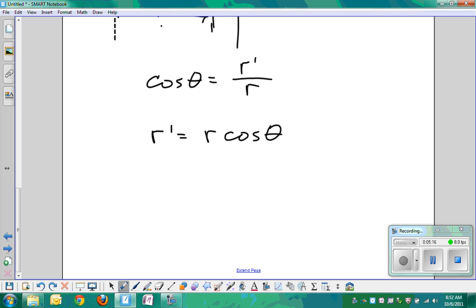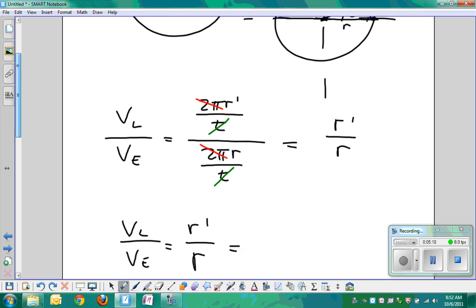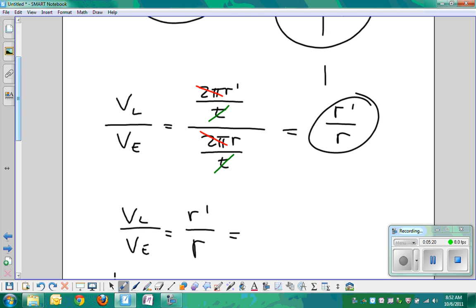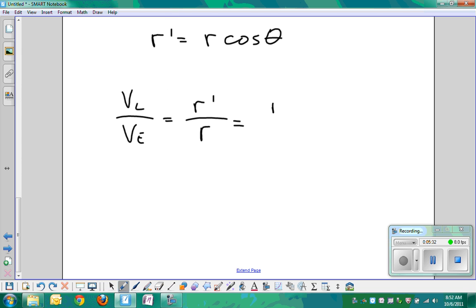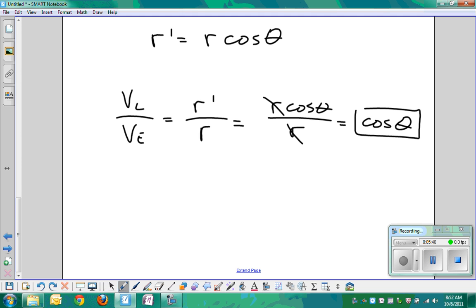Right? So now, going back up here to our relationship, we know the ratio of our velocities at Langley to the equator is equal to r prime over r. That's just equal to what? R cosine theta over r, cross them out. Cosine theta, the cosine of our latitude, is the relationship of our velocities.